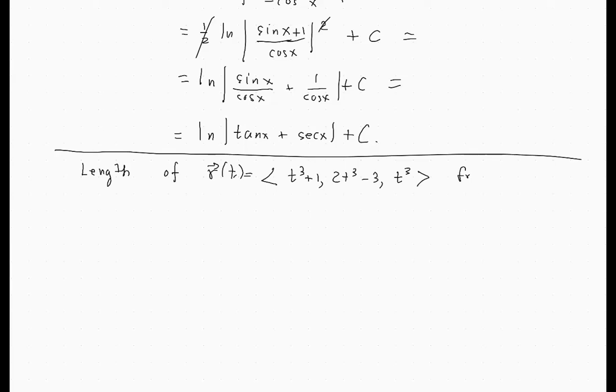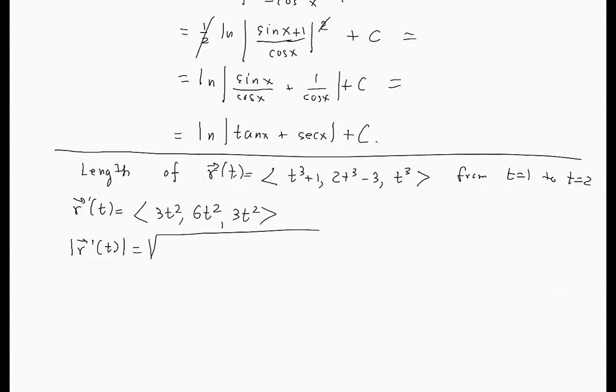Let's see what we get here. So we get r prime of t is equal to 3t squared and 6t squared and 3t squared. And of course, if we take the magnitude of this, that would be square root of 9t to the 4th plus 36t to the 4th plus 9t to the 4th.